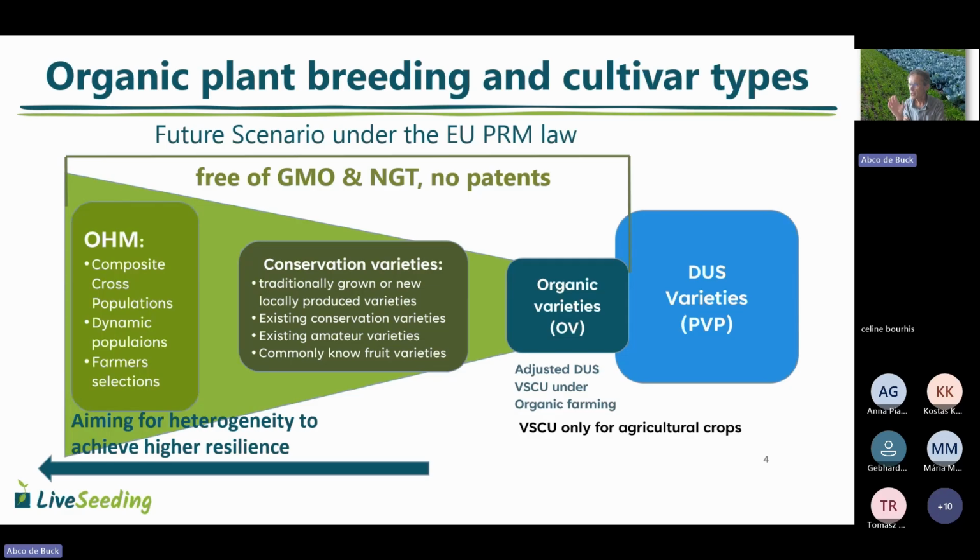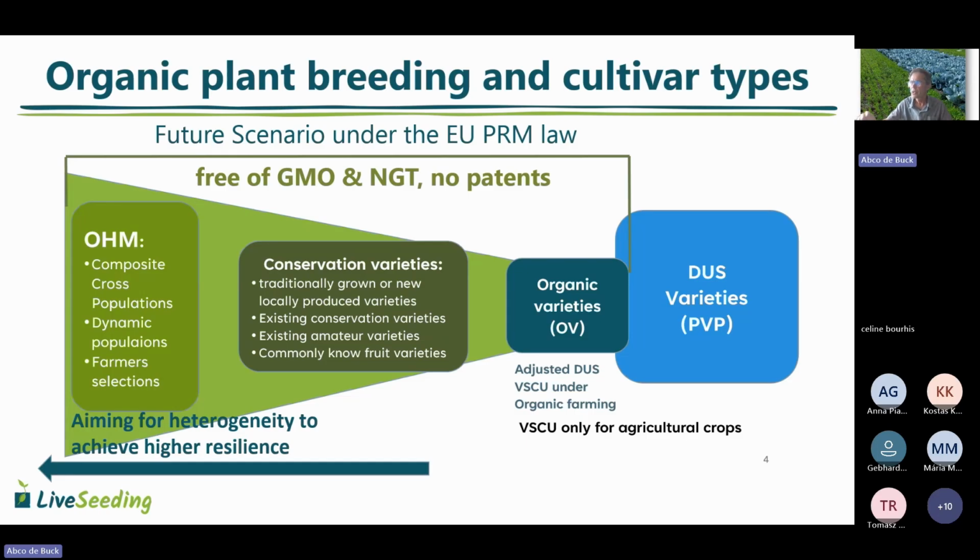Of course, for organic agriculture, VCU also applies, VSCU under the new regulation, value for sustainable cultivation and use. The webinar on that we had this morning. I am happy to see that quite some people who attended the webinar this morning I see also in this webinar. Very good.